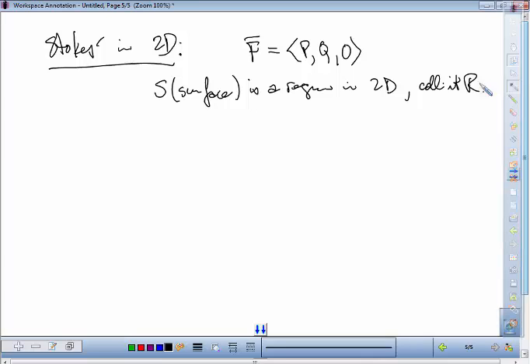So what do we need for Stokes' theorem? We need the curl, right? By the way, in 2 dimensions, are you guys taking notes in pencil?